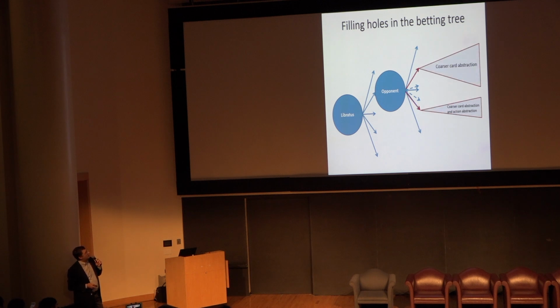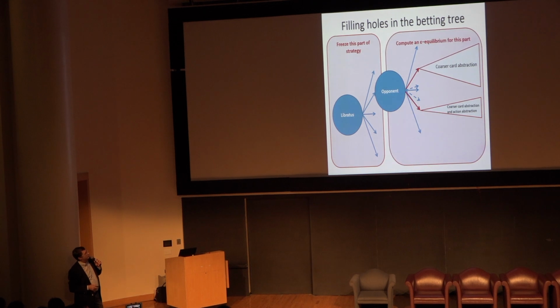Then we are going to make an endgame where we have this in the endgame action abstraction and some default action, and we are going to freeze the strategy from here that we pre-computed, and we are going to recompute the strategy for this part, and then we are going to keep just this response to this action. This way we can fill the holes in the background automatically.